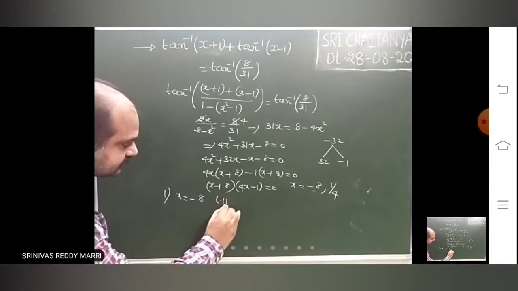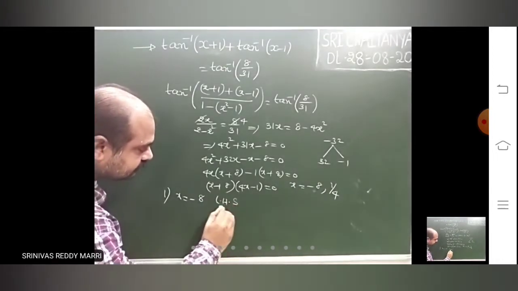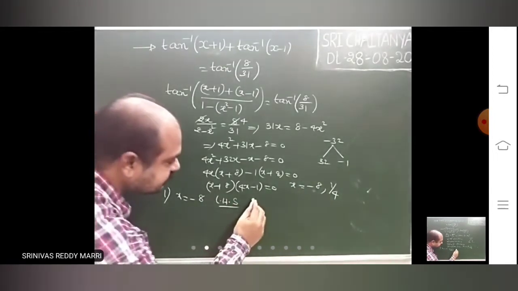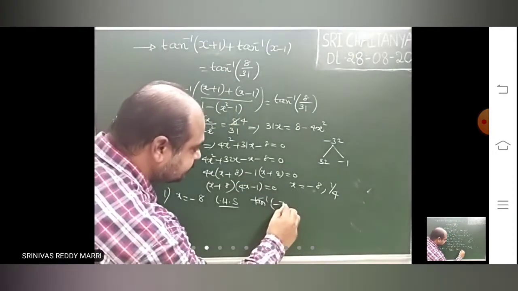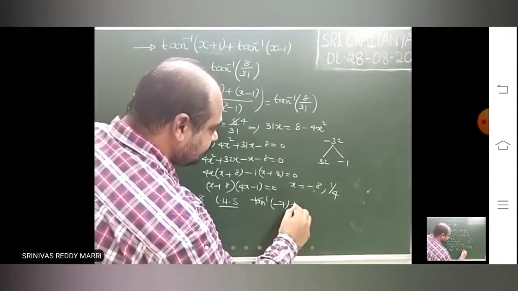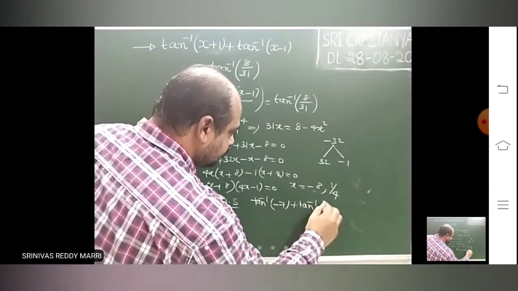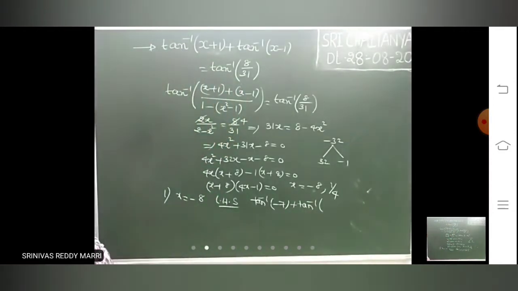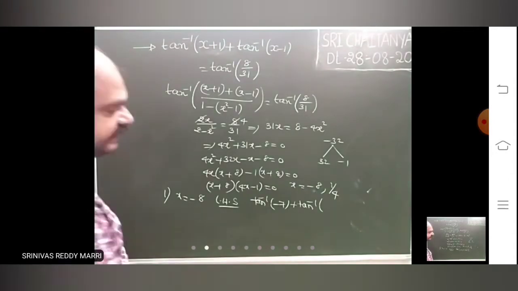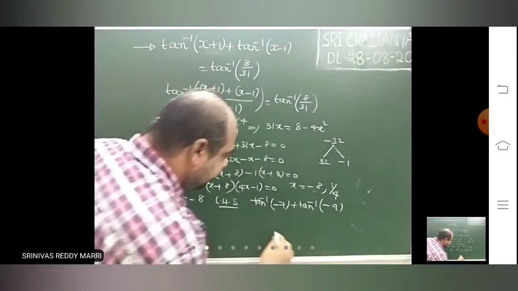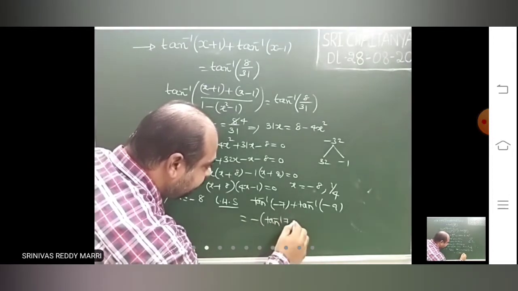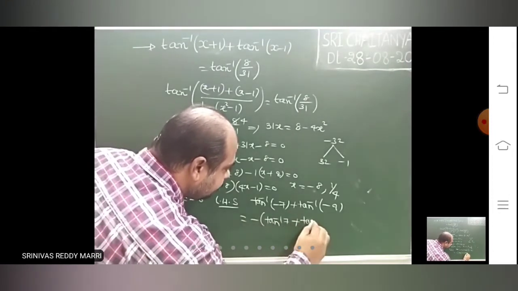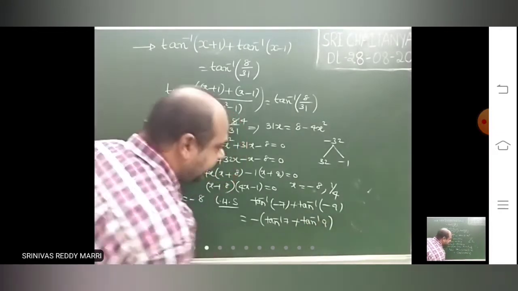So LHS is tan inverse of, we substitute x equal to minus 8, minus 7, plus tan inverse of minus 8 minus 1, minus 9. That means you will get minus of tan inverse 7 plus tan inverse 9.